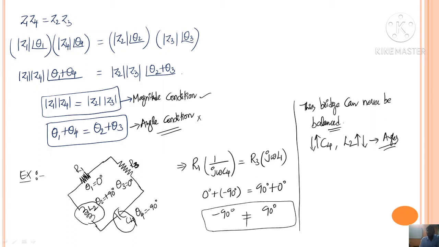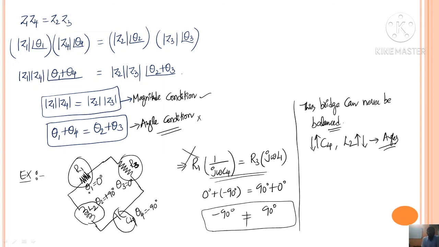As the bridge can never be balanced, there is no purpose of finding the balance condition. It is foolishness, because we cannot balance the bridge. Whatever may be the value of L2, C4, even though you change R1, even though you change R3, the angles will not change. When the angles will not change, the bridge can never be balanced.